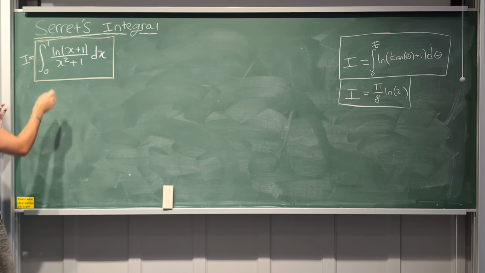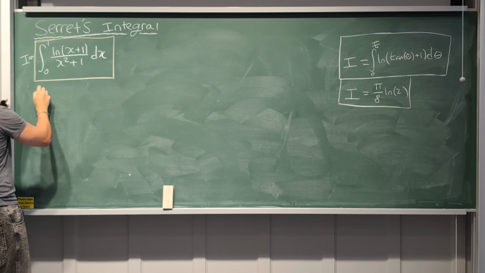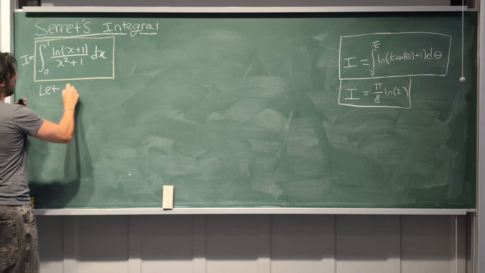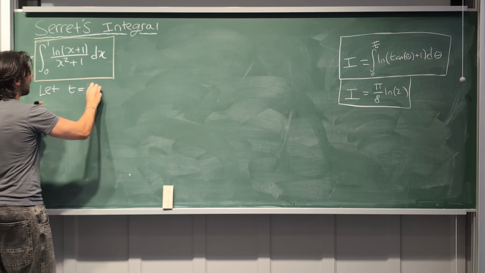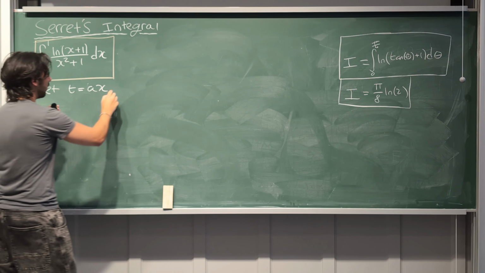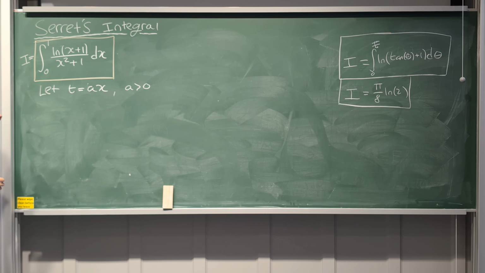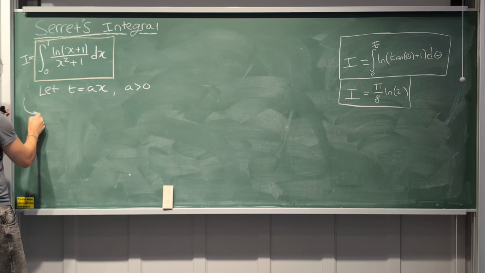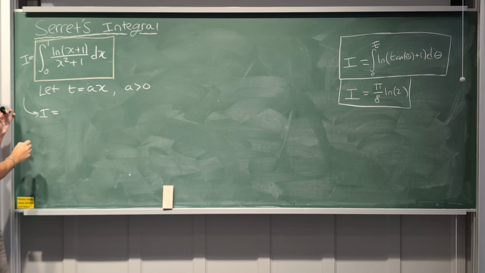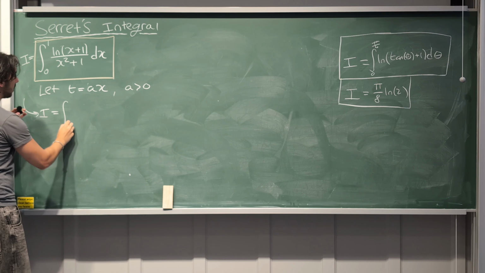So instead of just this integral on its own, I'm going to make a substitution. I'm going to say, let t equal ax, where a is just a positive constant. So a is greater than 0. Then I can rewrite my integral I as the following. When x is 0, t will be 0, so this is still 0.